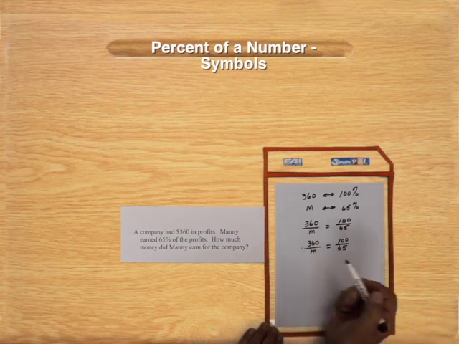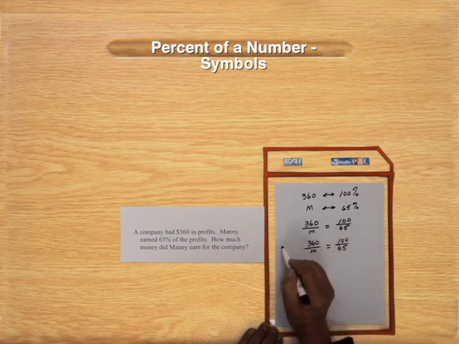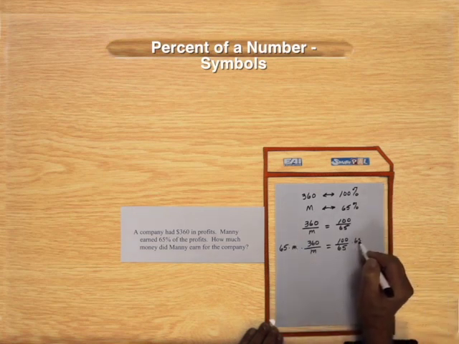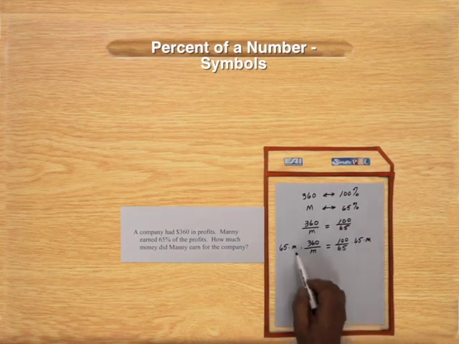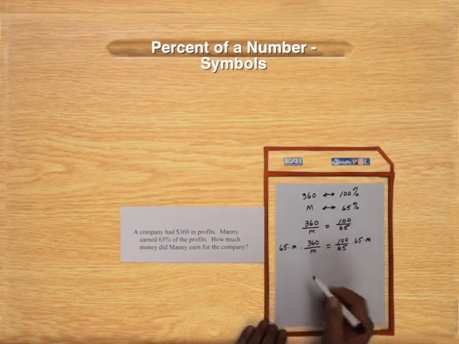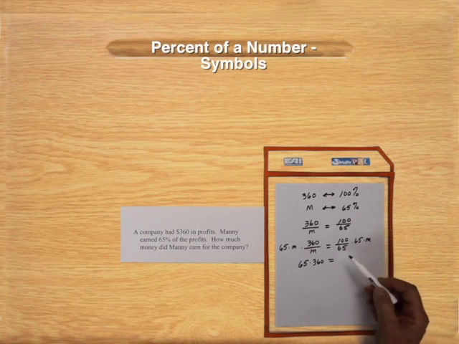And now we multiply both sides of the equation by 65 and by M. On the left-hand side, M over M gives us 1. So all we have is 65 times 360. On the right-hand side, 65 over 65 gives us 1. So we have left 100 times M.